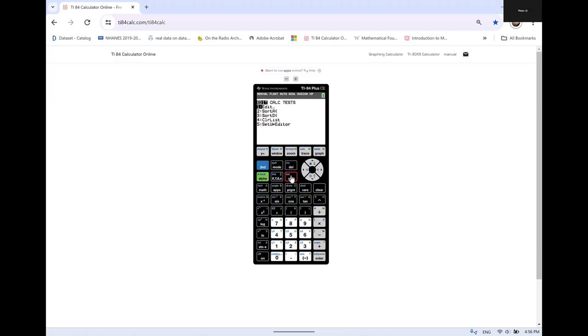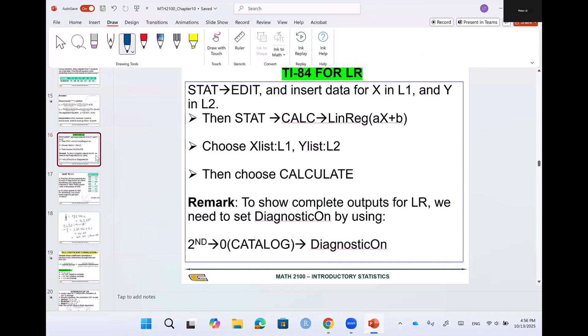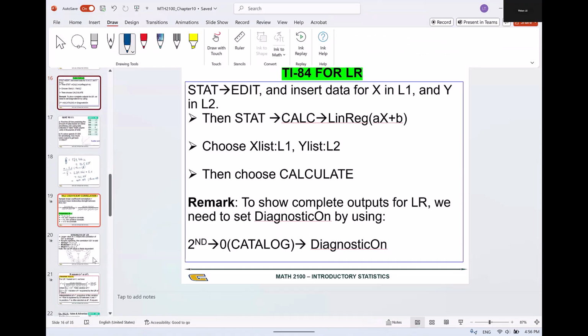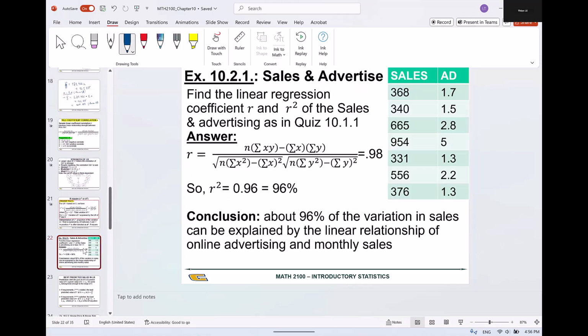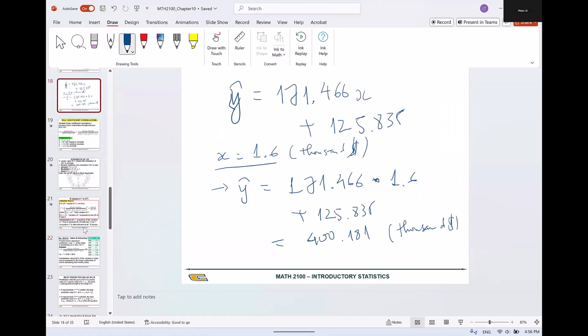After you do that, go back to calculate and do linear regression. At this time, it should show us the complete output. It includes everything: the linear regression equation, the R squared, and the R, which is exactly what we got here. So this is the R squared and R, and the linear regression equation we did talk about already.